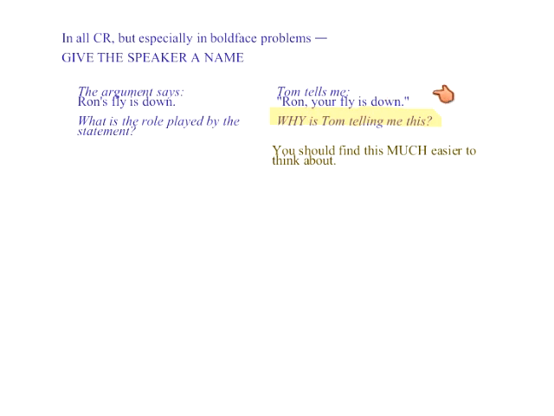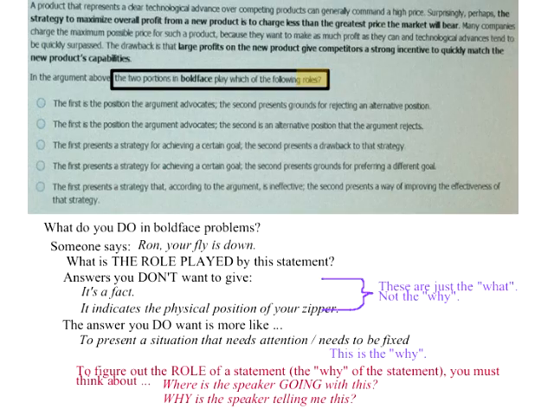You don't ask, what is the role of this statement? You ask, why do I care? Why are you telling me that? So the challenge, of course, is to take that same sort of instinct and bring it to this game of GMAT boldface problems. So let me take this to the next page.